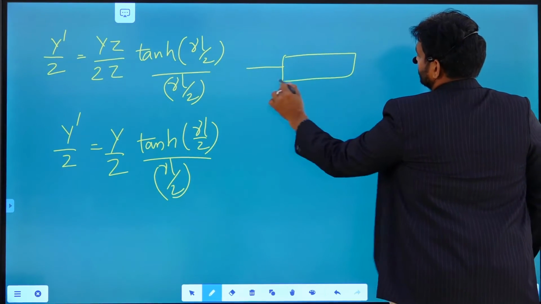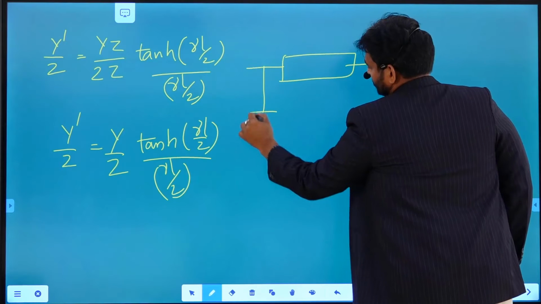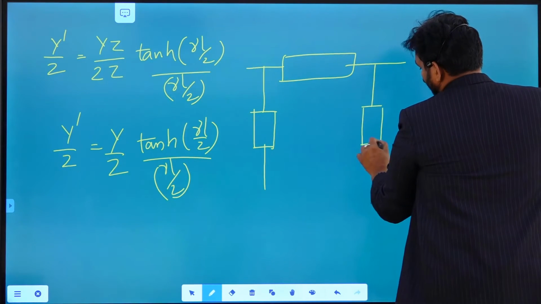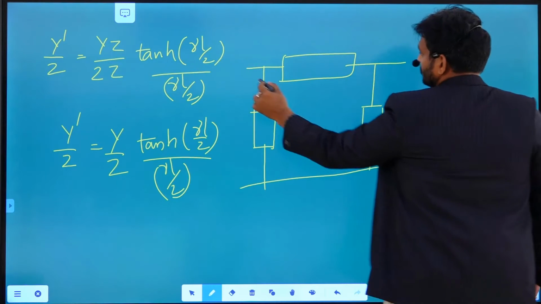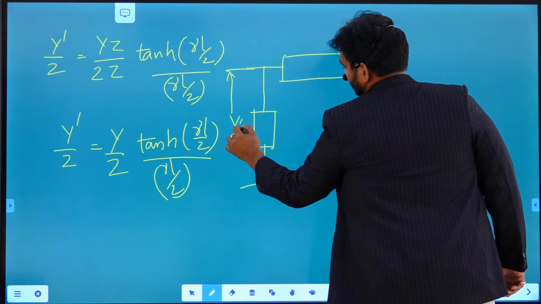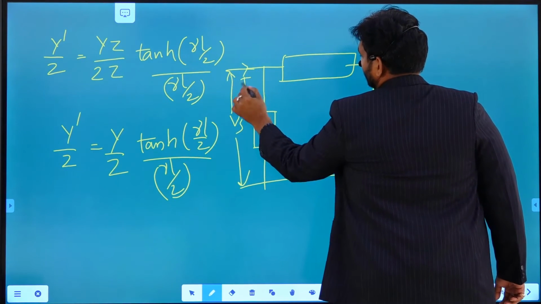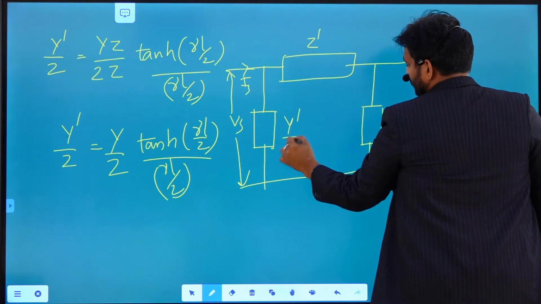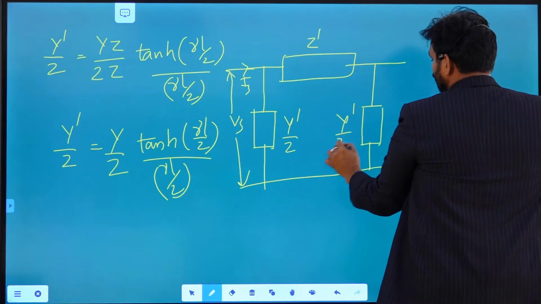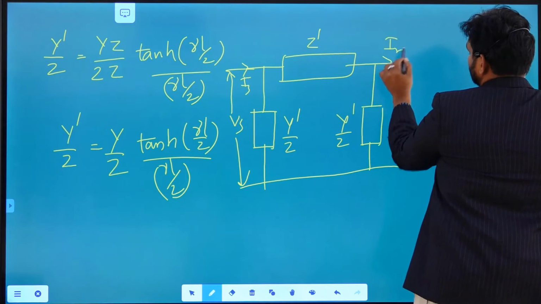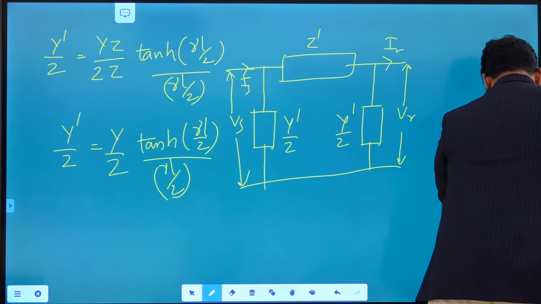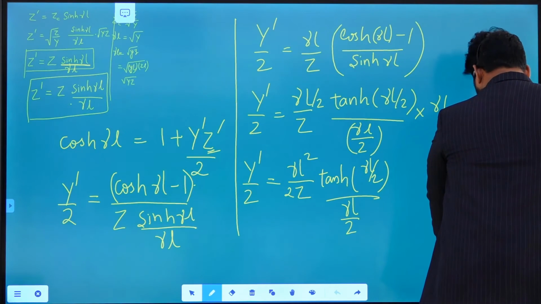This is Z dash, this is Y dash by 2, sending end voltage and sending end current. This is Z dash, this is Y dash by 2, this is Y dash by 2, receiving end current and receiving end voltage. So what we got?